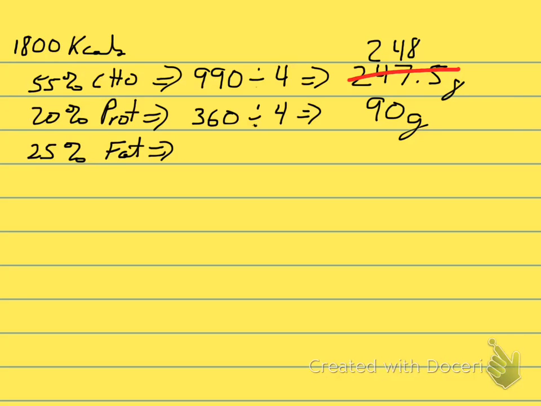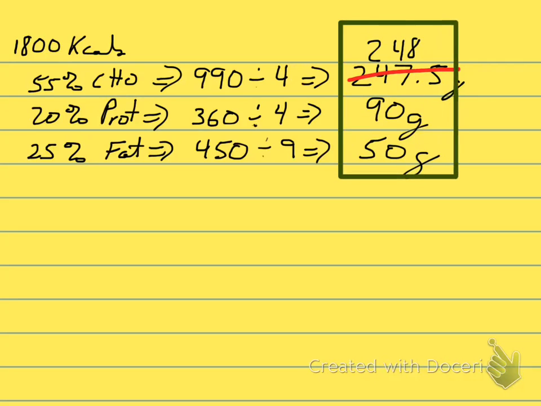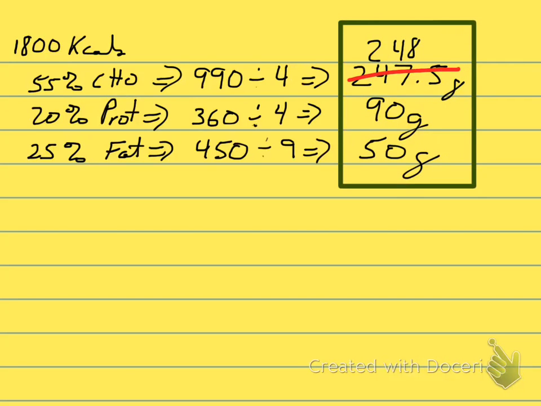We're going to take 1,800 calories times 25% fat. That's going to give me 450 calories coming from fat. If I divide that by 9 calories per gram, I'm going to end up with 50 grams of fat. So this is my target amount right here.